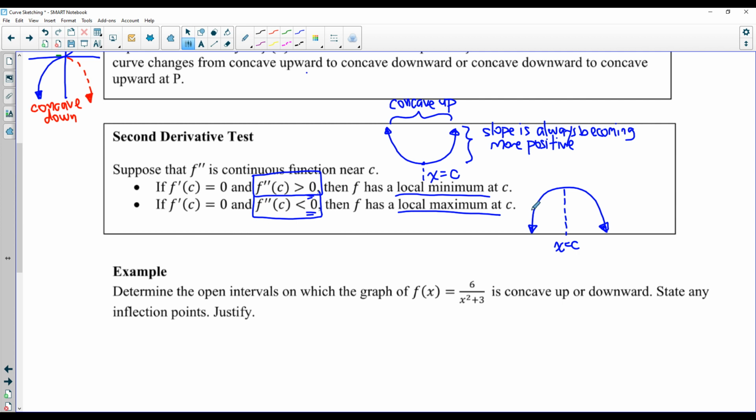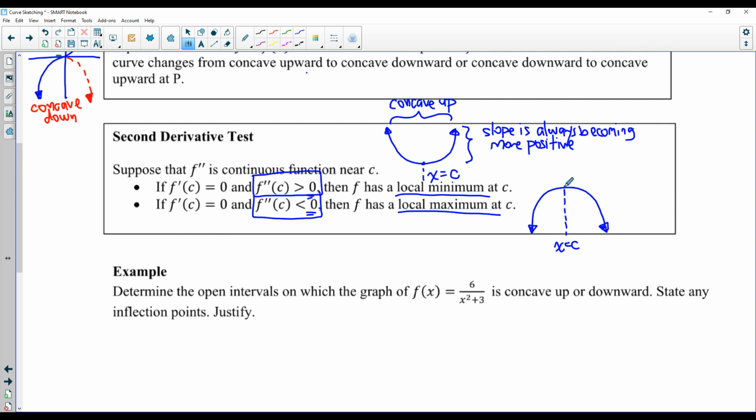If you start on the left-hand side of the graph and make your way towards the right-hand side, the slope starts off as a large positive number. But as you make your way towards the local maximum, the slope becomes less and less positive. And then as you hit the critical point, the slope is now negative, and it becomes increasingly negative.